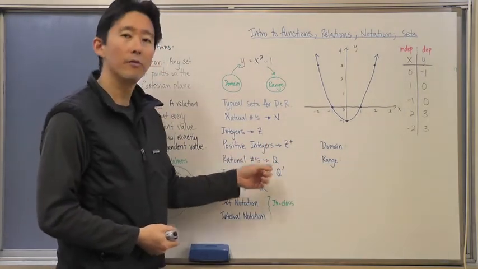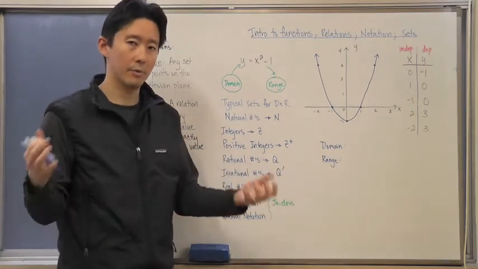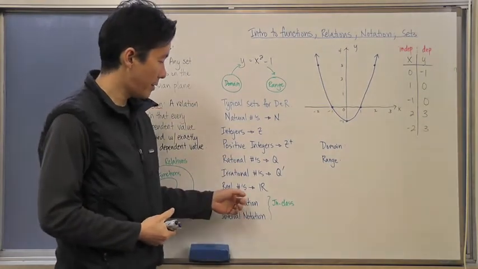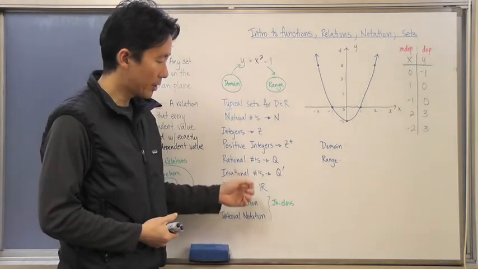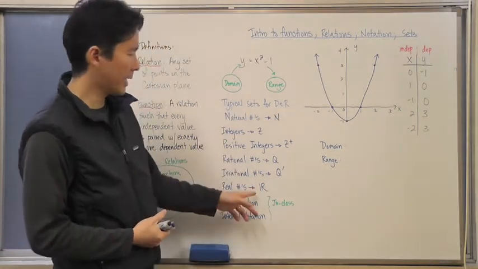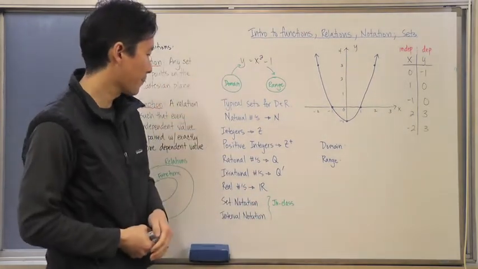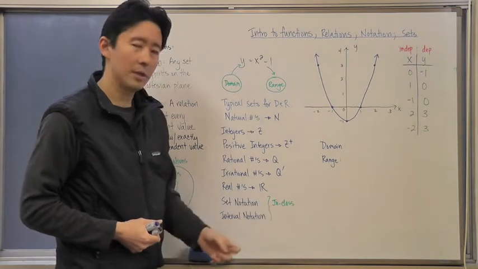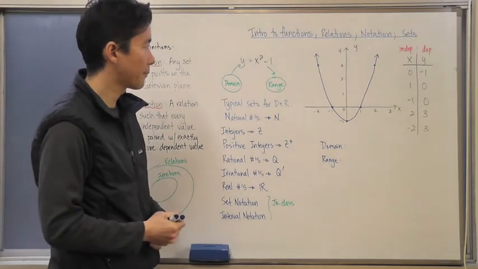Rational numbers, Q for quotient. Irrational numbers, Q prime, in other words, everything outside the rational set. And the last one is the real numbers, which looks like an R with an extra line to the left of it. So it looks like an IR, but it really is an R with two vertical lines. There are also other types of set notation and interval notation that we'll deal with in class. It's going to take a little more time, so we'll deal with that in class.